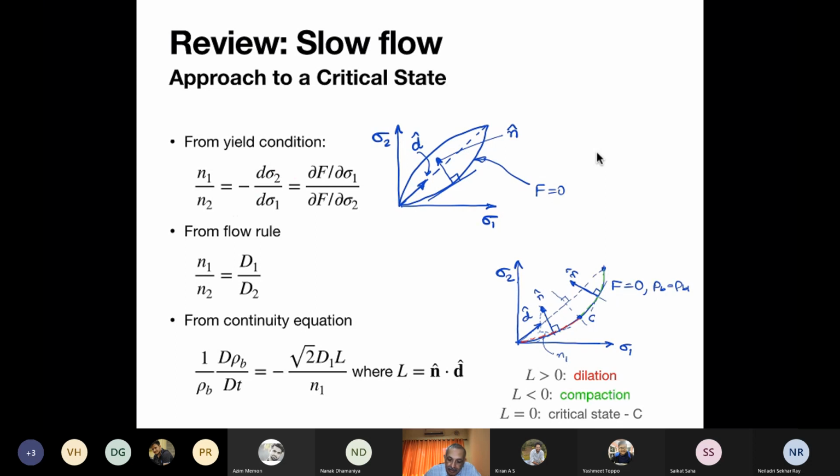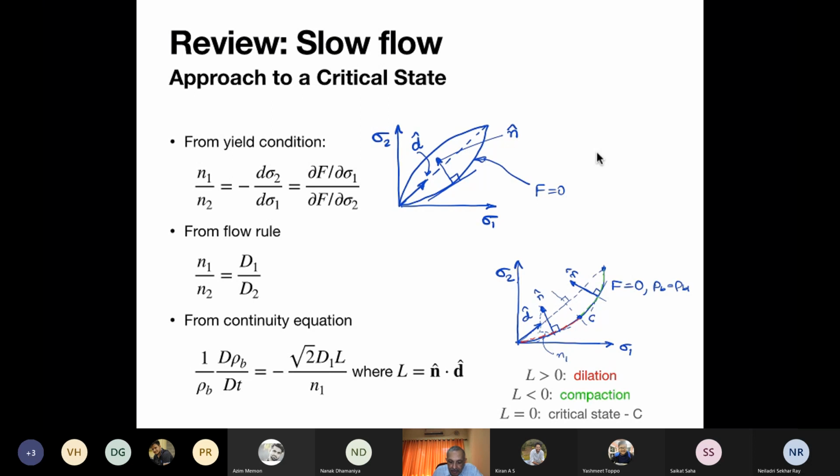And that is directly related to the partial derivatives of the yield function with respect to the principal axis. So this is one relationship we got. And then once we use the flow rule along with this, we actually got that n1 by n2 is equal to d1 by d2.